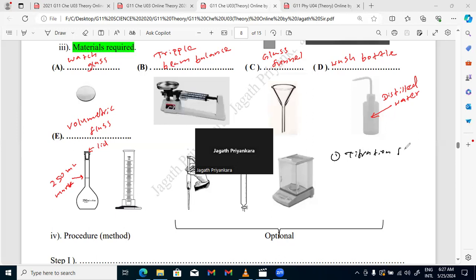And write in your writing book: different types of flask available in the lab. Conical flask, titration flask, round bottom flask, and the other one, flat bottom flask.